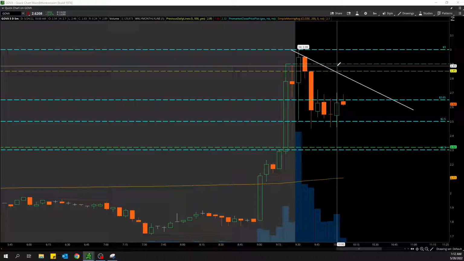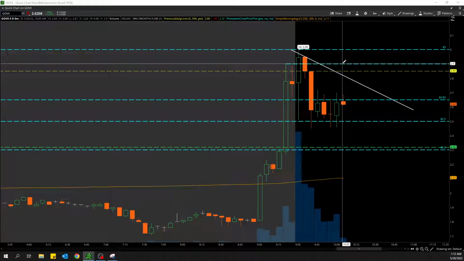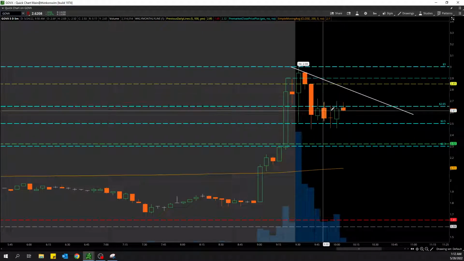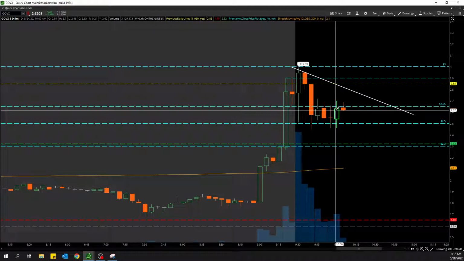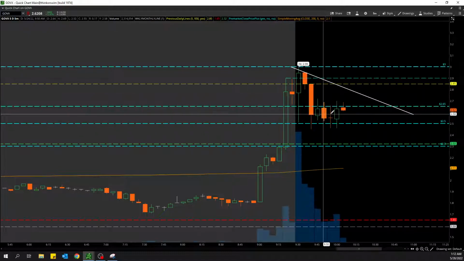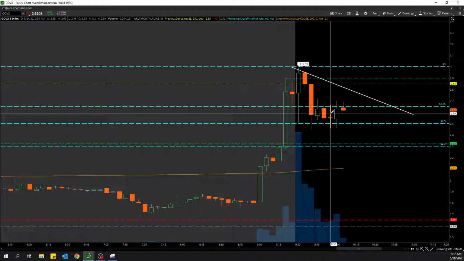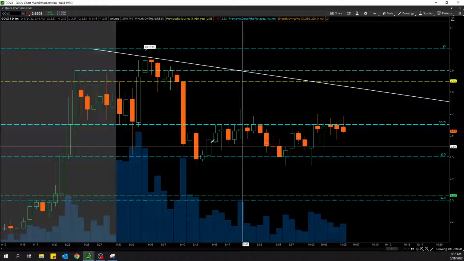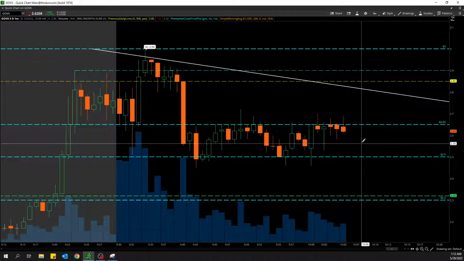All right, so now we're at this new 10:05, 10:06 area, and you can see that it's still kind of going sideways. This is what we call rigging. When they're keeping the price sideways, a bit of consolidation of some sort. When you take it down to a smaller time frame, you can see it more visually.